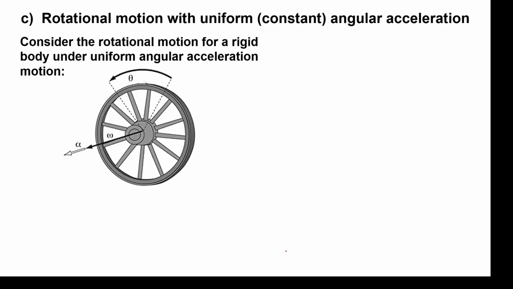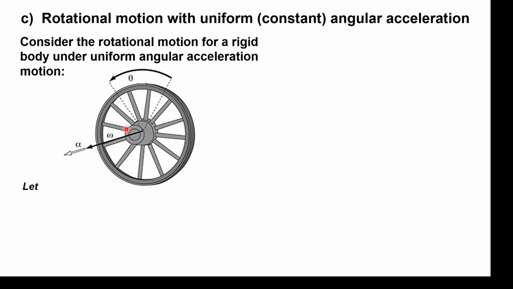Let us consider a rotating wheel. It's rotating with an initial angular velocity and a final angular velocity, and its direction is the direction of alpha, which means it is speeding up its rotation.